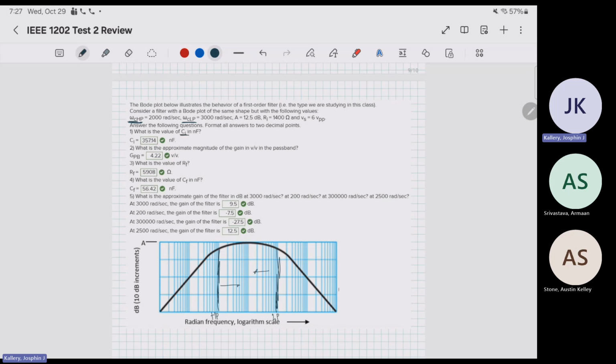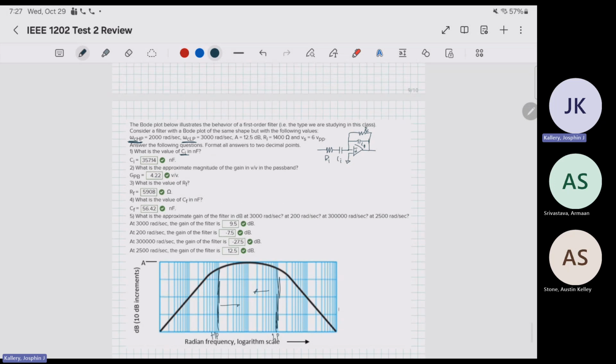We're asked for the value of CI. So once again, let me just draw the actual circuit because it helps keep track of variables. Okay, so this is RI, CI, RF, CF. Here's where we have to be a little careful about our variables.